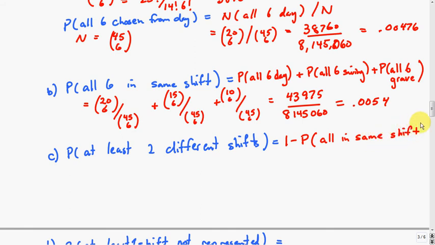So I guess we're using the complement rule here. And we figured this out from part B. So that would be 1 minus 0.0054, which is 0.9946.